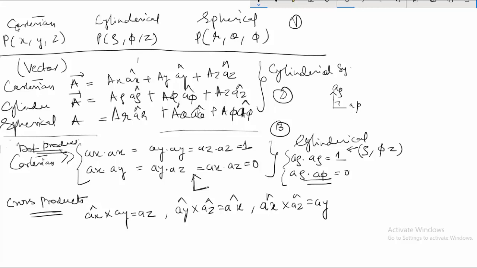So this is how the cross product of the three unit vectors will look like.